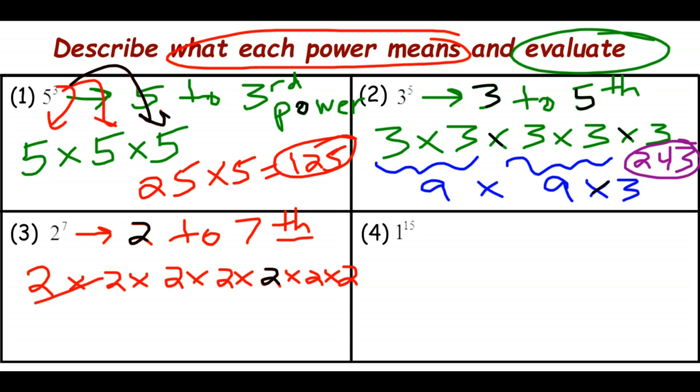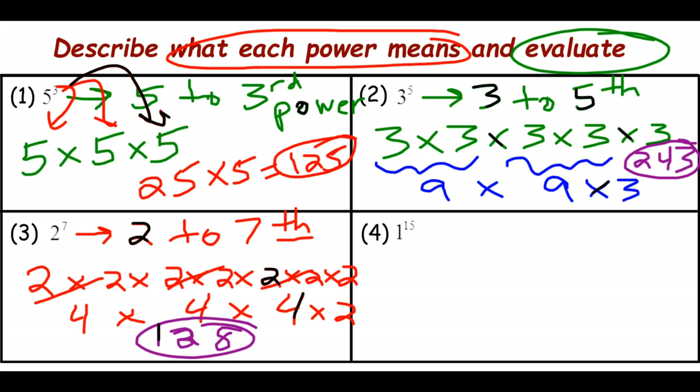Multiply all this out, you get 4 times 4 times 4 times 2. 4 times 4 times 4, as we saw before, 4 to the third power is 64. 64 times 2 is 128.